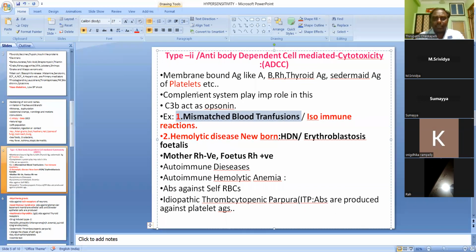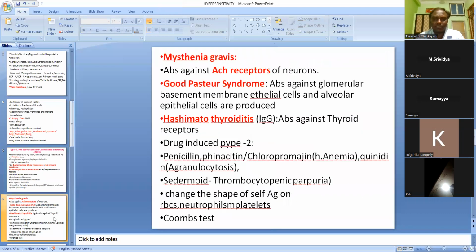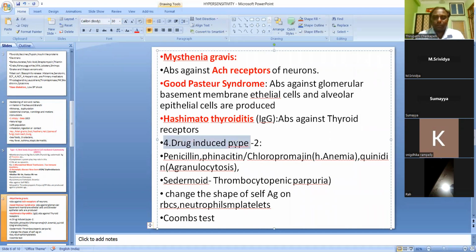Isoimmune reactions means blood group reactions. Second one, erythroblastosis fetalis, another example. Myasthenia gravis, Goodpasture syndrome, Hashimoto thyroiditis are the third category. And the fourth category is drug induced type 2 hypersensitivity.